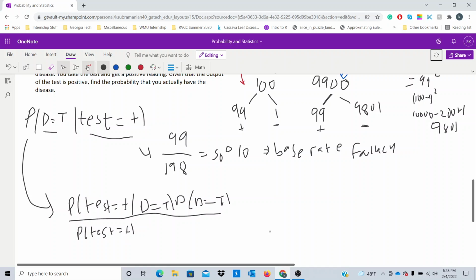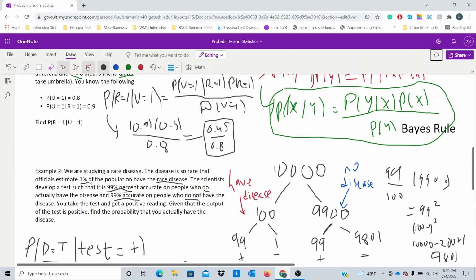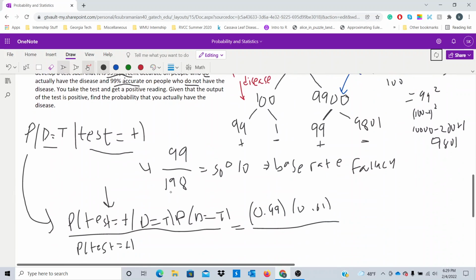So when we run through this Bayes' theorem computation, we know the probability that the test is positive given that you have the disease. That will be 0.99, from the given. It's 99% accurate on people who have the disease. So that's what this term here is. The probability that you have the disease is 0.01, because we know from our statistics, based on the problem, that we estimate that 1% of the population has a rare disease.